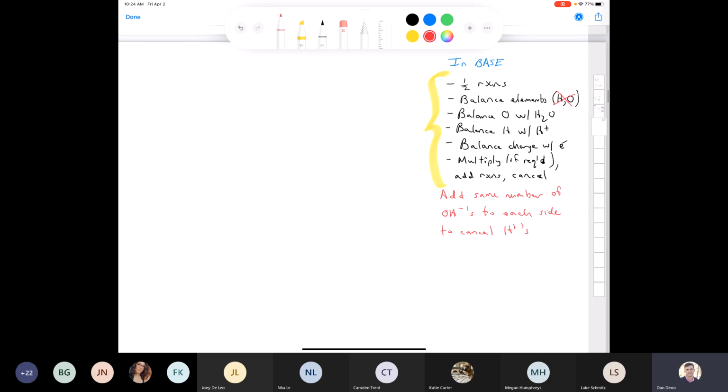Now, you're only going to have protons on one side of your balanced redox reaction. So you're going to cancel the protons on the other side to make water, because H plus and OH minus gives you H2O.